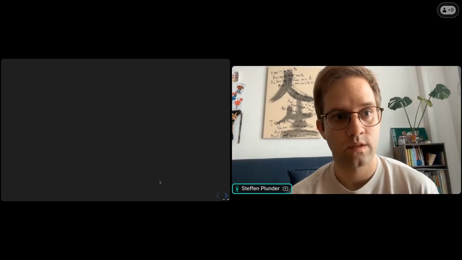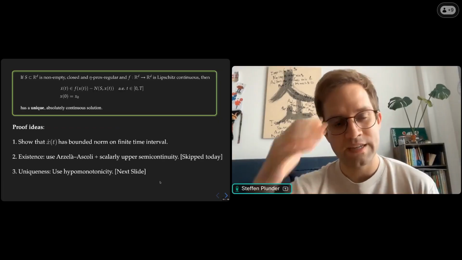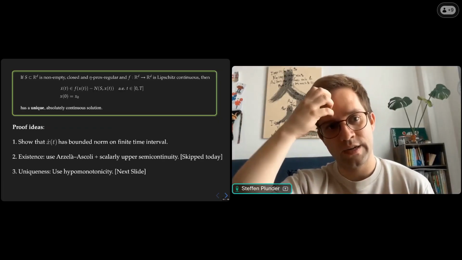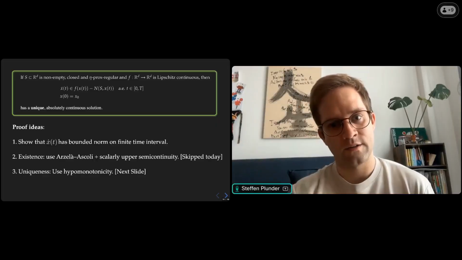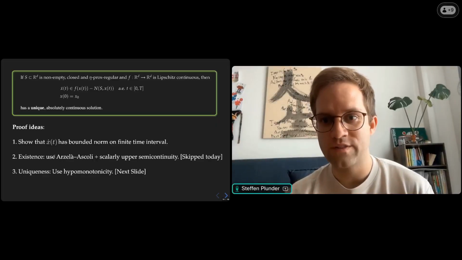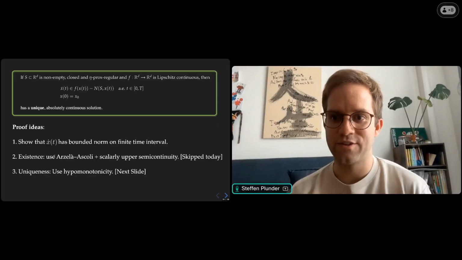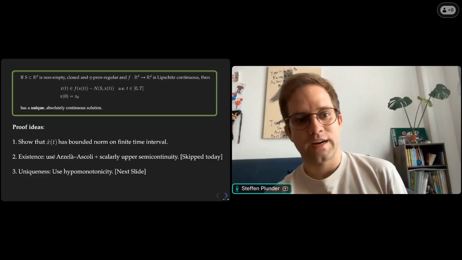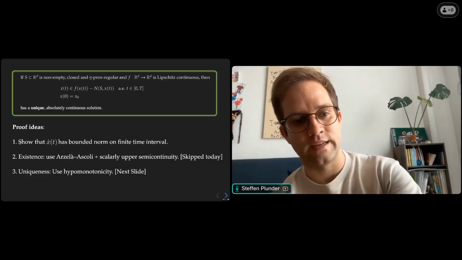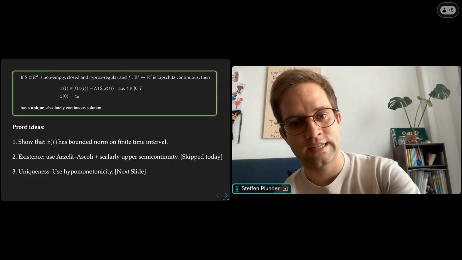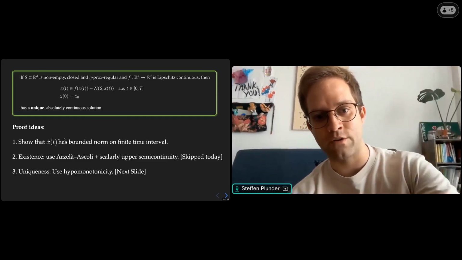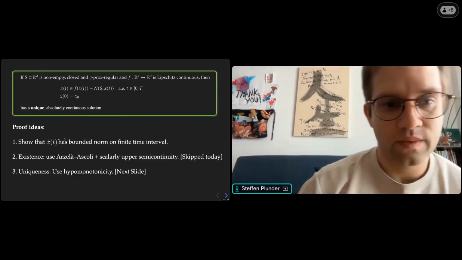Since we are mathematicians and doing analysis, I don't want to give the full proof because nobody can follow a proof online. But the idea is it is possible to show in the setup that the velocities have a bounded norm.